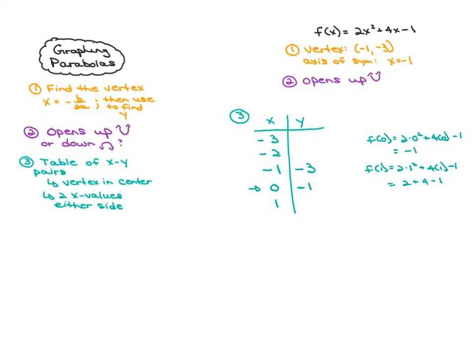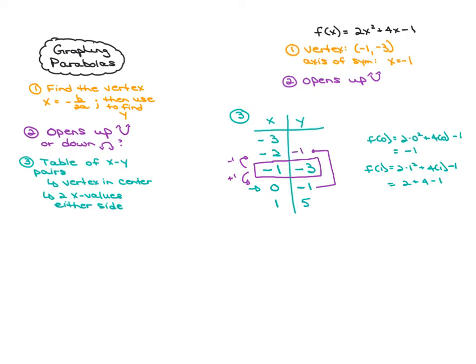Now this next piece is so cool because we used points on either side of the vertex. We're going to use what we know about symmetry. Because we went plus 1 this direction and minus 1 that direction, the y value for negative 2 is also negative 1.